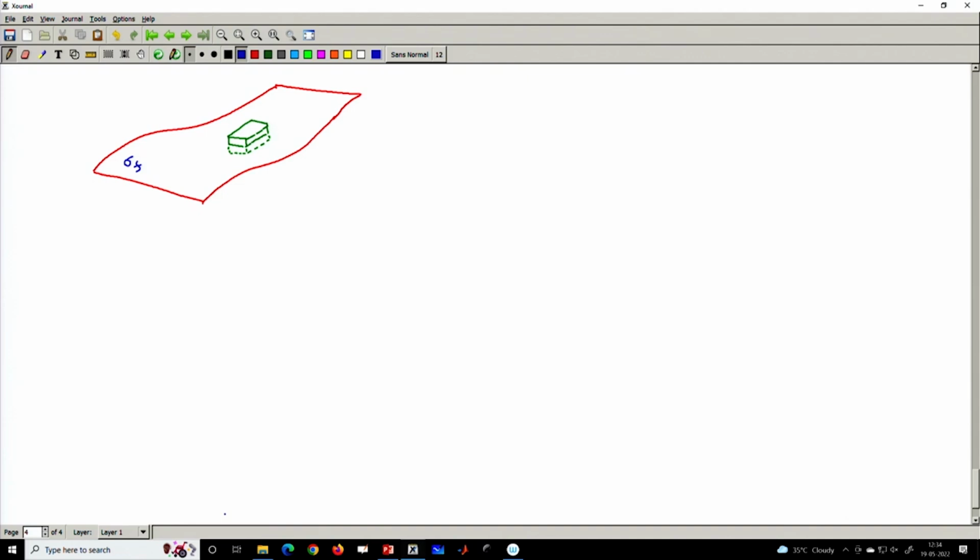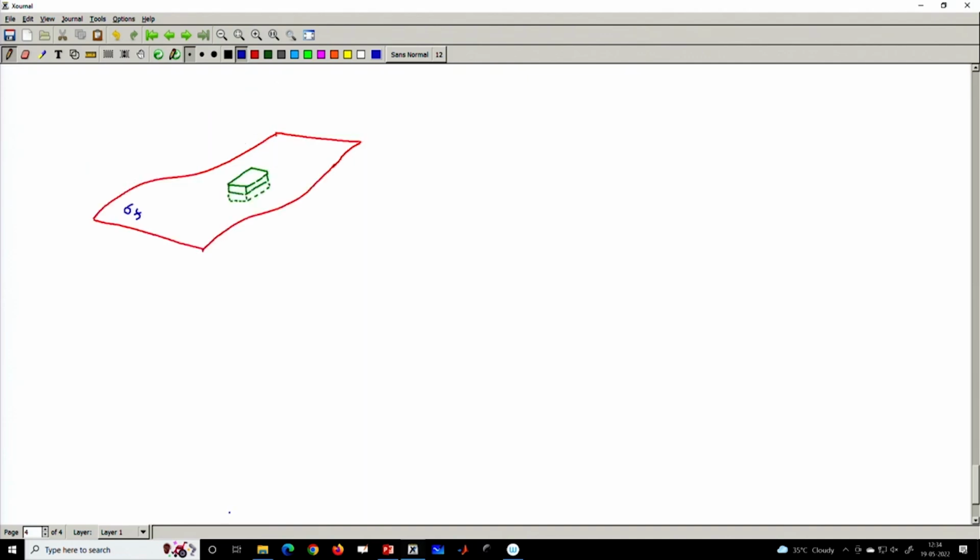Let this be region 1 and this region be region 2. This is my D vector in an arbitrary direction, this is my D2, and this is another D along this direction, my D1.